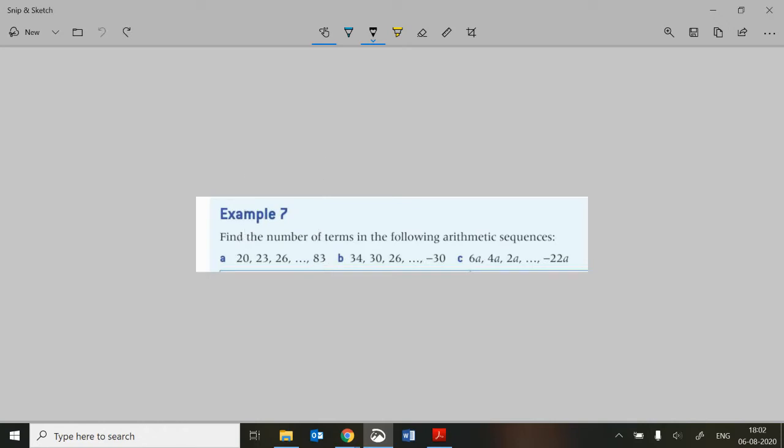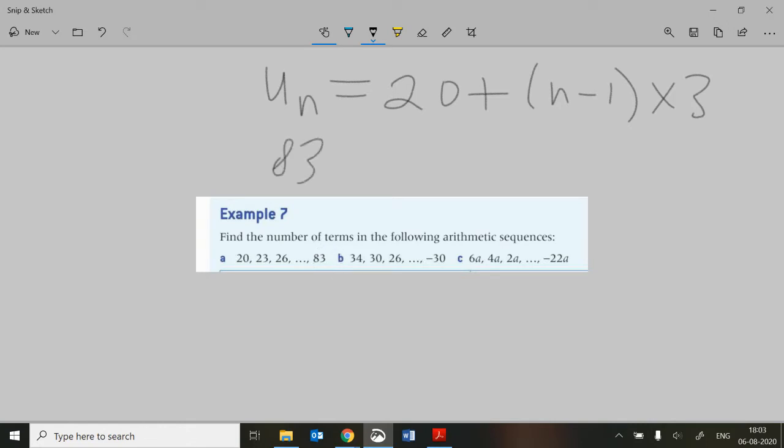So all I really need to do is use Un is equal to the first term plus n minus 1 lots of the common difference, which is 3 in this case. And the nth term, we're looking for how many terms there are, we're looking for n. But the nth term in this case is going to be 83, that's where it's going to stop.